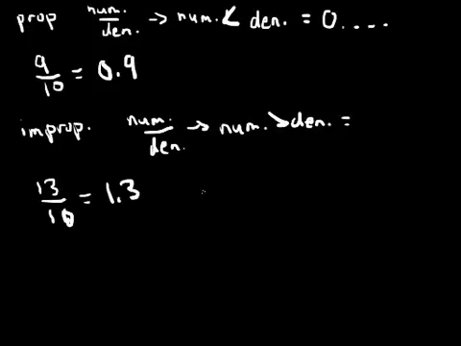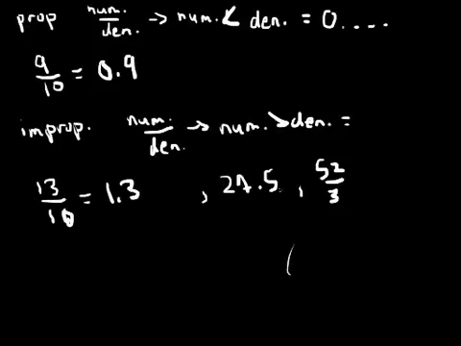You can get improper fractions like 27.5 or whatever it is. You can use 52 over 3, for example. As long as our criterion is met, top is greater than the bottom, then you have an improper fraction.